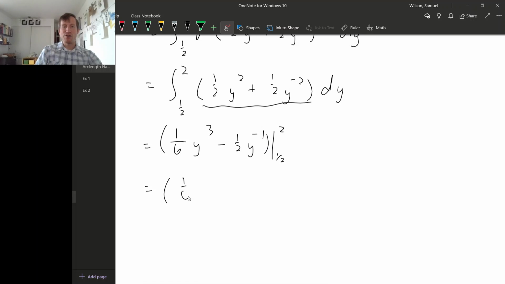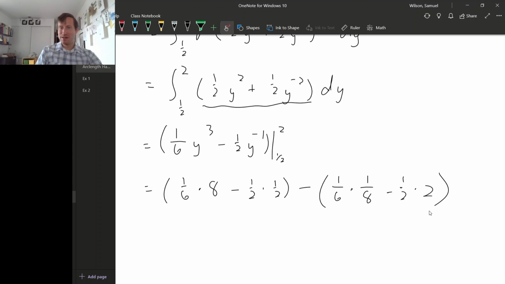So 1 over 6, 2 cubed is 8, minus 1/2 times 2 to the minus first is 1/2, minus, and then plug in 1/2. So 1 over 6 times 1/2 cubed is 1 over 8, minus 1/2 times 1/2 to the minus 1 is 2.